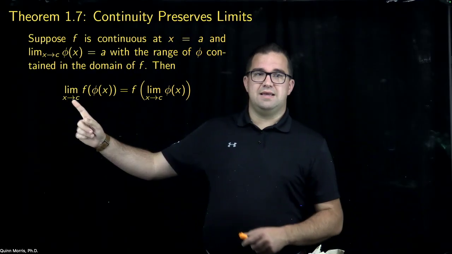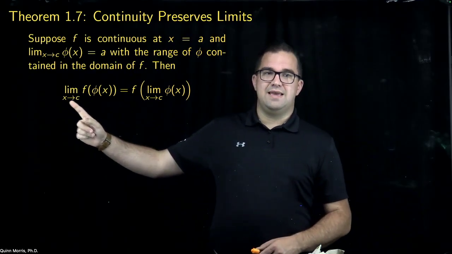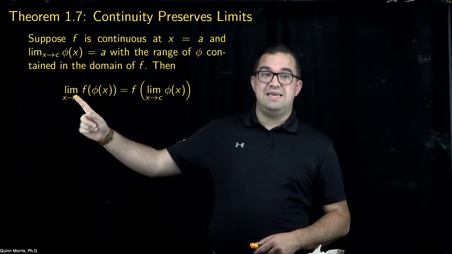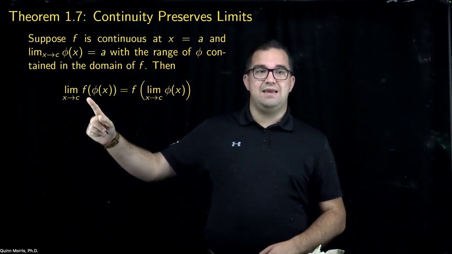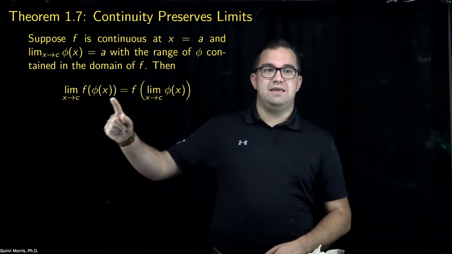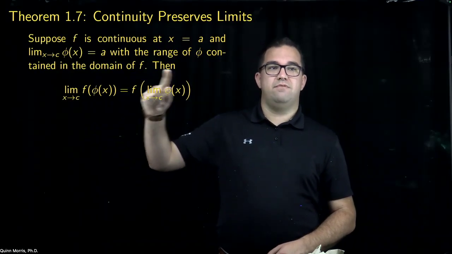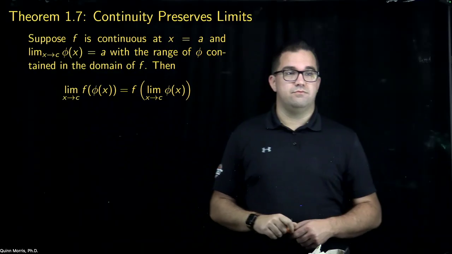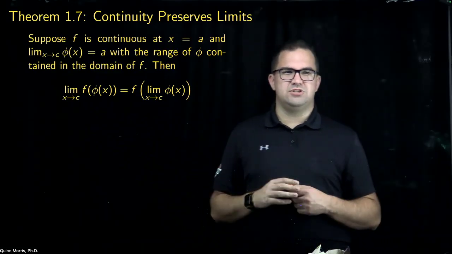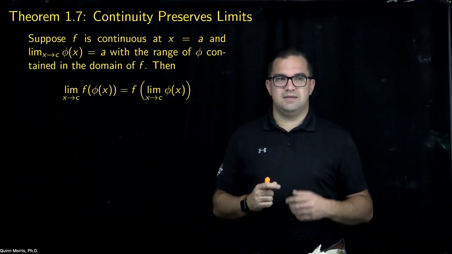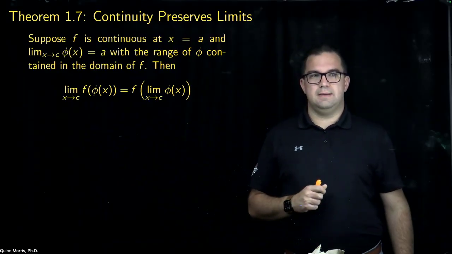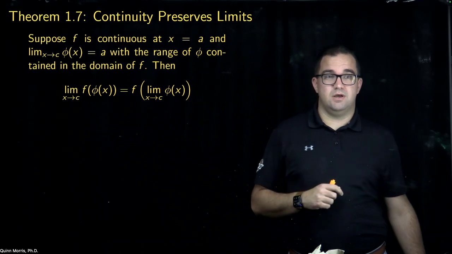In a lot of ways, I'm saying this is the limit as x is approaching c, but phi is approaching a. So this is like the limit as phi approaches a of f of phi is equal to f of a. So this is really just the definition of continuity restated in a way that involves a composition of some functions.